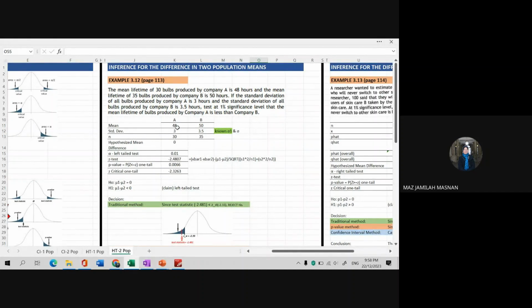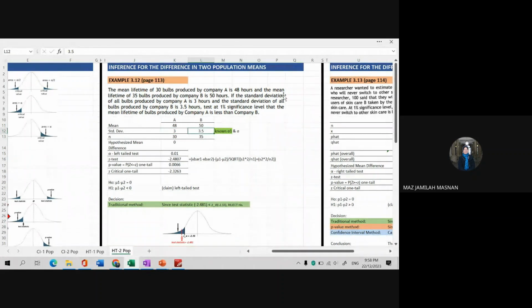So you have the mean for company A is 48, the mean for company B is 50, the n is 30 for A, 35 for B. Now, the standard deviation of all bulbs produced by company A is 3 hours, and the standard deviation of all bulbs produced by company B is 3.5.